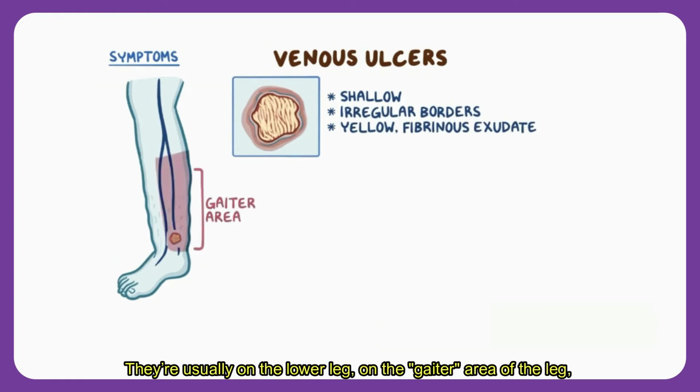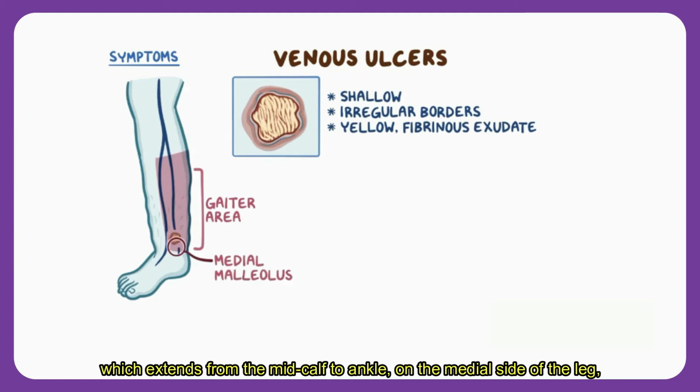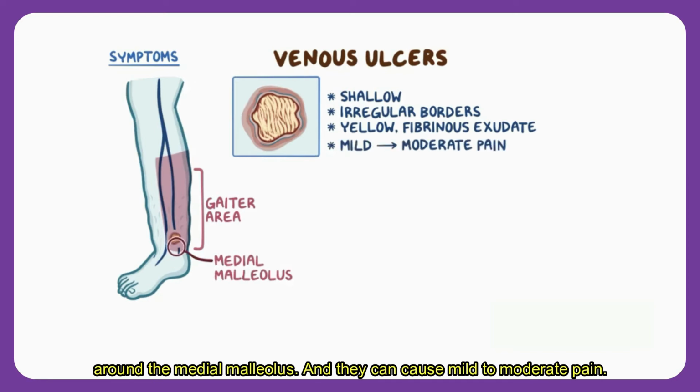They're usually on the lower leg, on the gaiter area of the leg, which extends from the mid-calf to ankle on the medial side of the leg, around the medial malleolus, and they can cause mild to moderate pain.